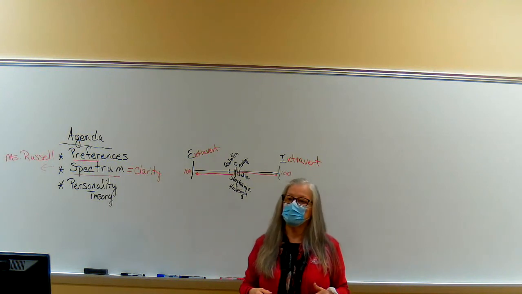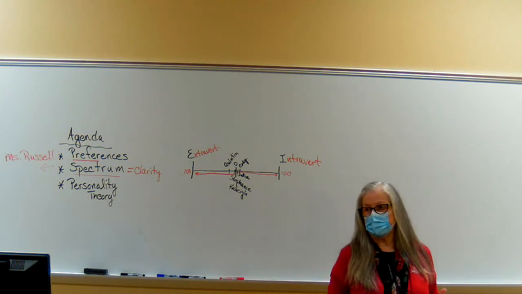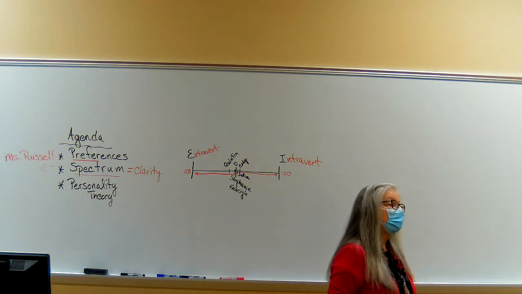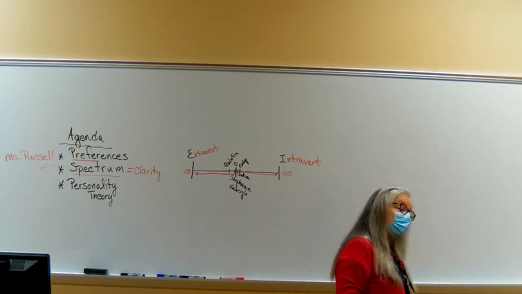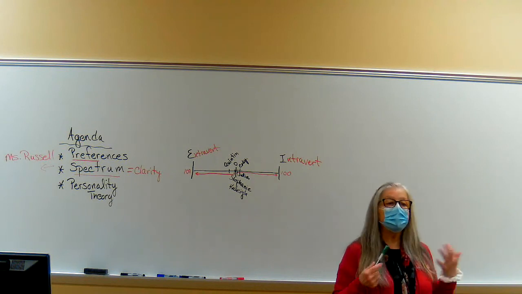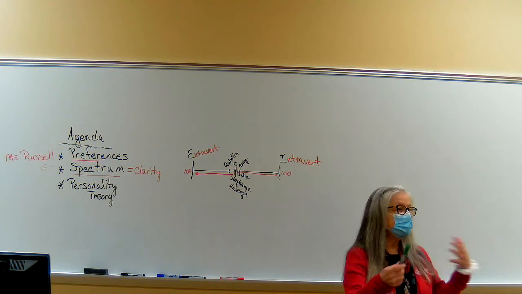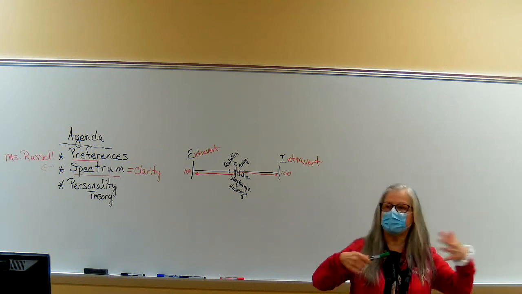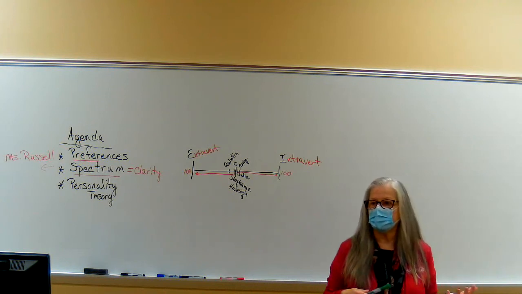And this is the person who, at the end of the day, would rather go to a club or a party or out to the bar with friends rather than going home. They don't want to be by themselves. They need the interaction with people, the talking, and all that kind of cool stuff that goes along with it.